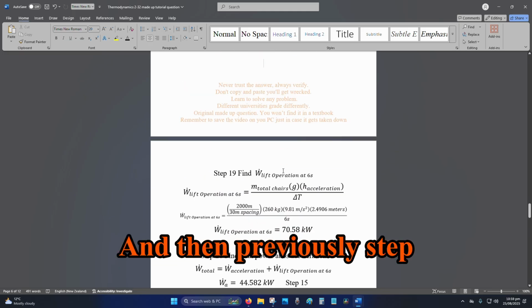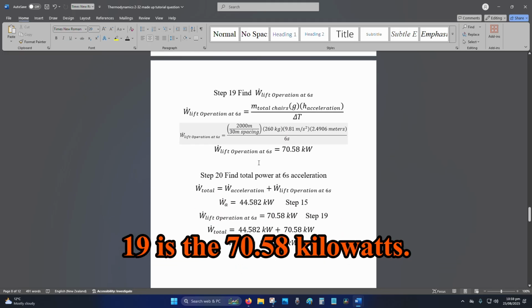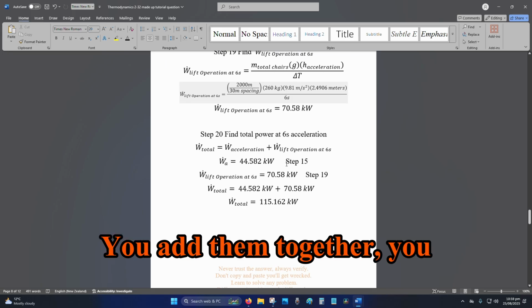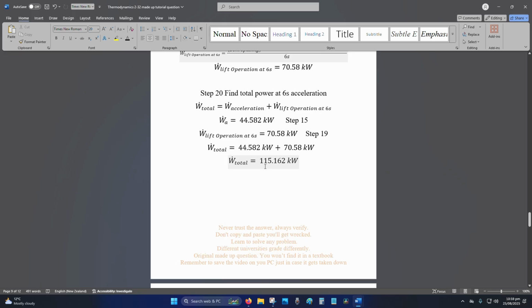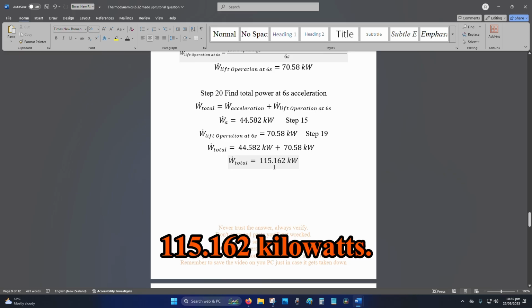And then previously, step 19 is the 70.58 kilowatts. You add them together, you will get 115.162 kilowatts.